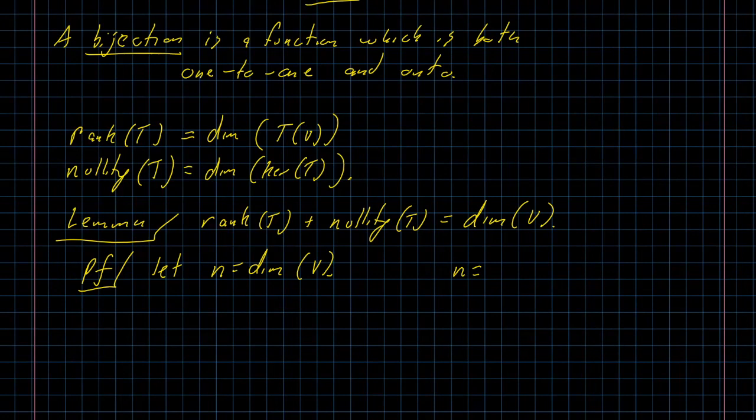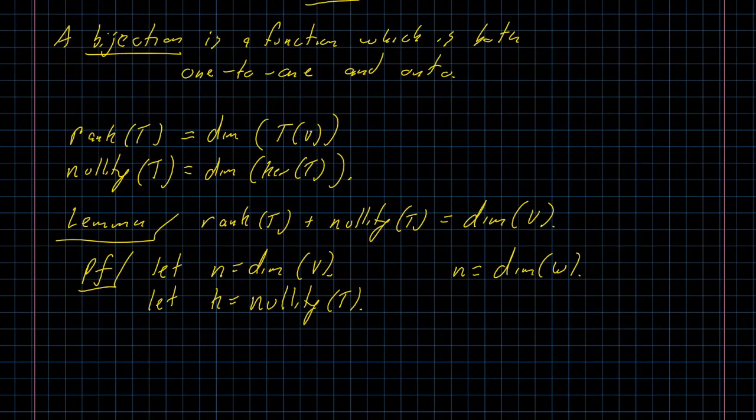So N has to also equal the dimension of W. And then let's let K equal the dimension of the kernel, or the nullity. Right? The nullity is the dimension of the kernel.